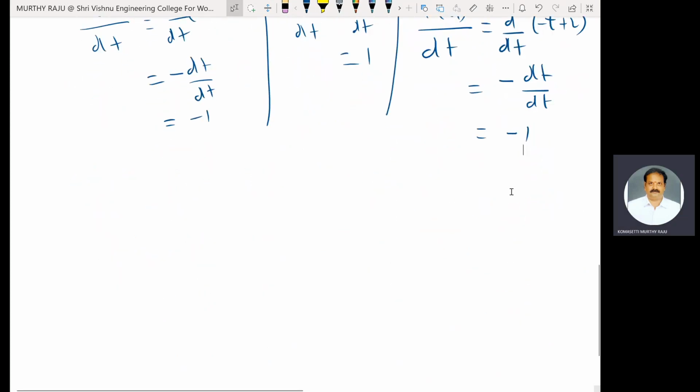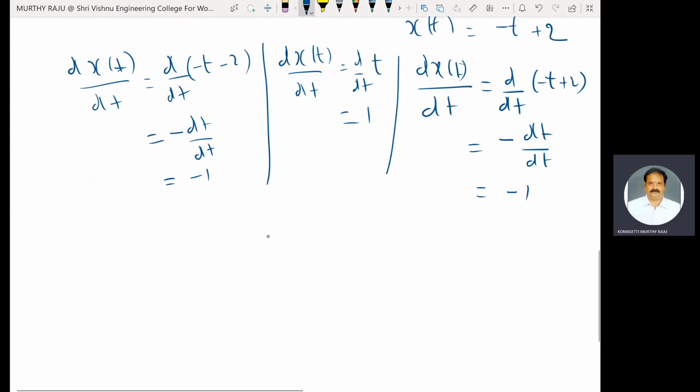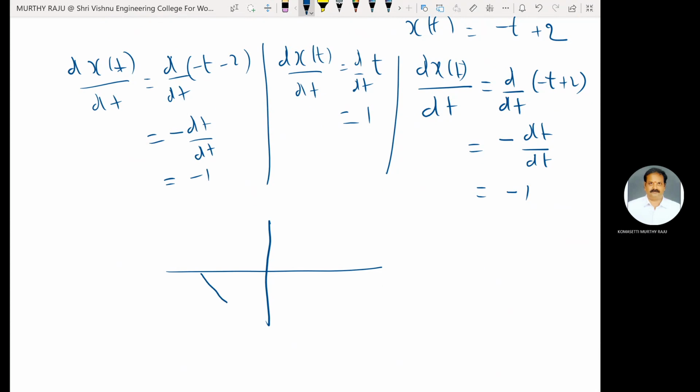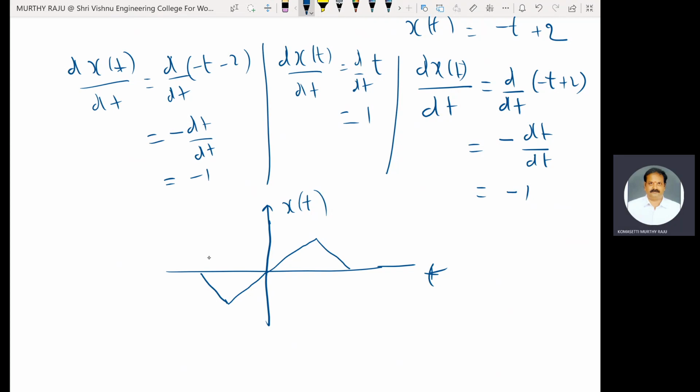By using these differentiation properties, see the original waveform. This one is t, this one is x of t, with minus 2, minus 1, 0, 1, and 2.